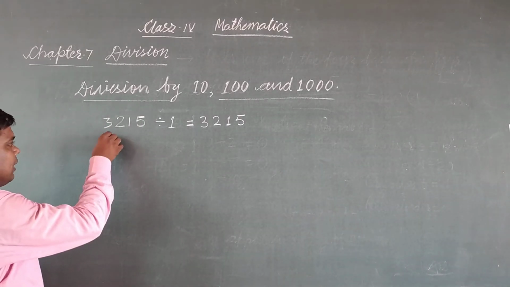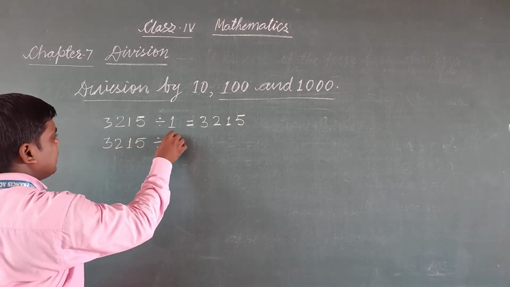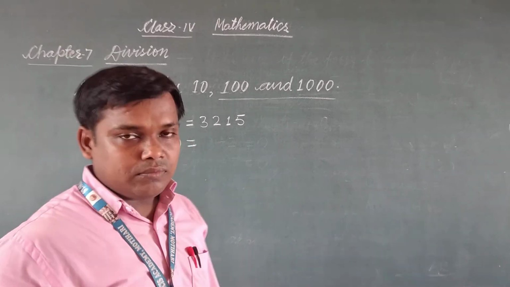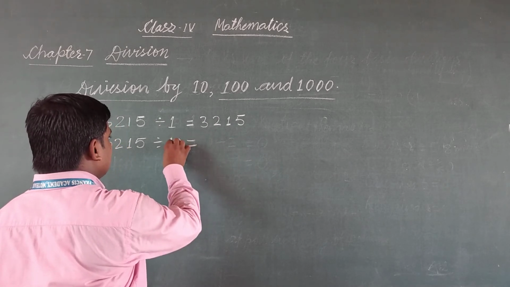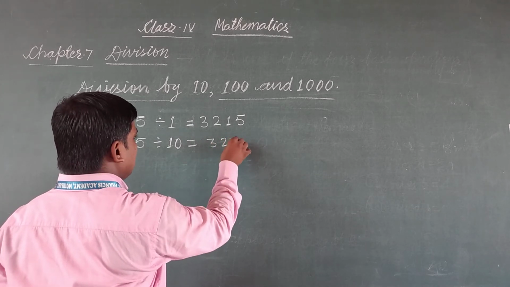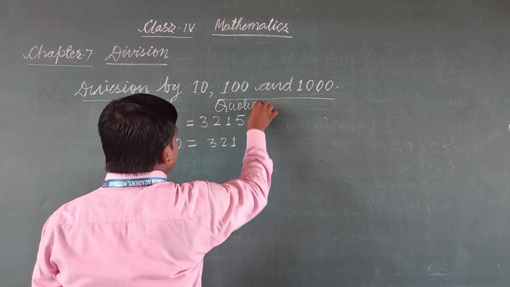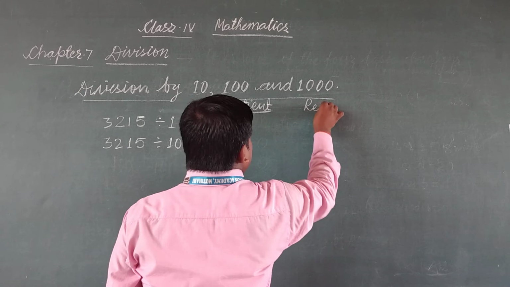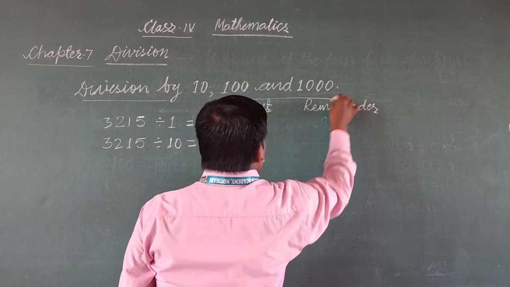If I divide 3215 by 10, we will get quotient 321. Here is the quotient and here is the remainder.